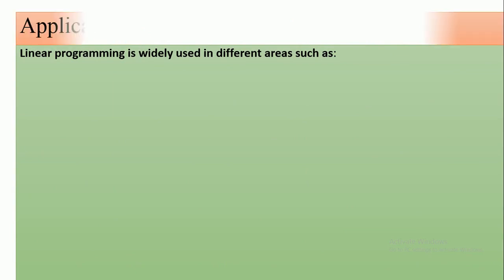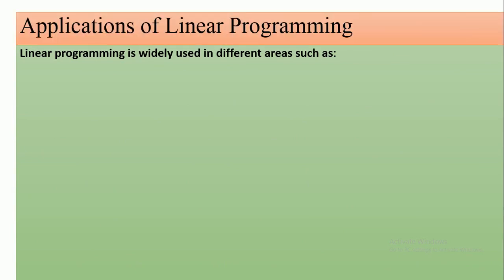So now let's look at applications of linear programming. What are the areas where we can apply linear programming? We apply linear programming for the production mix problem. We apply it in the diet problem. Nutritionists use the knowledge of linear programming to solve the diet problem.